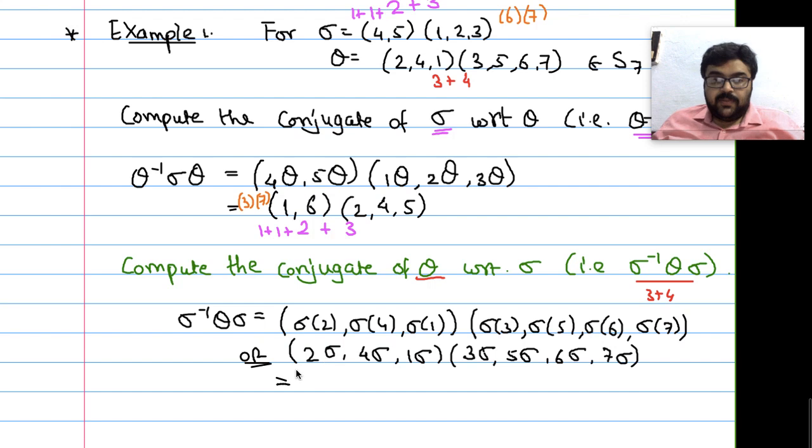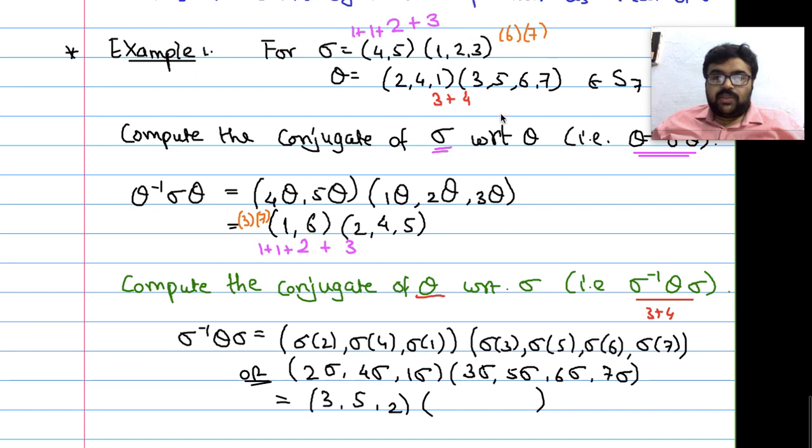So this is nothing but just another notation. So what is this? Okay, so sigma of 2. Sigma of 2 is 3. 2 goes to 3 in sigma. Then sigma of 4. 4 goes to 5 here. So this is 5. Sigma of 1 is 2. And then complete this cycle. Let us complete only, it won't take much time. Sigma of 3 is 1.